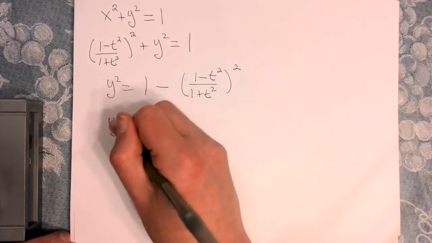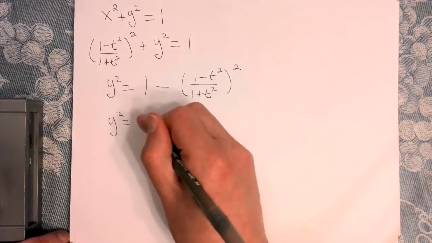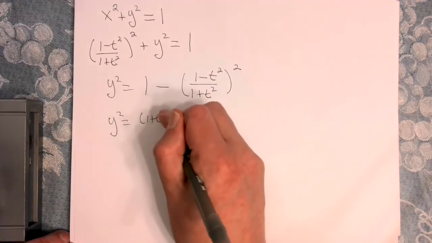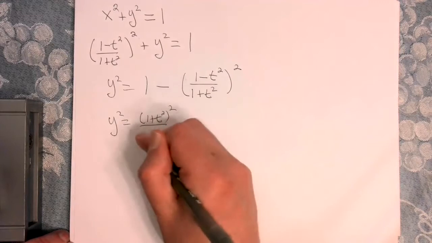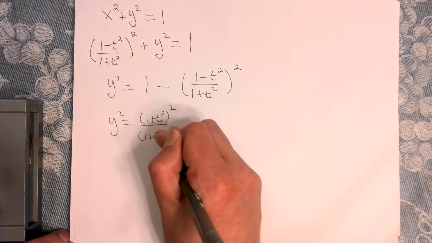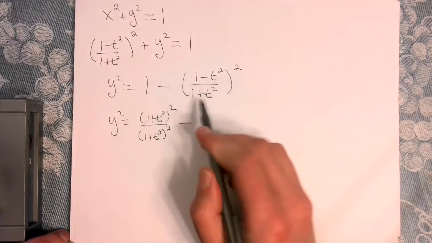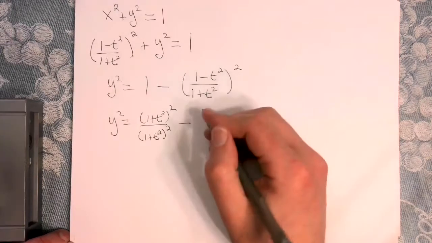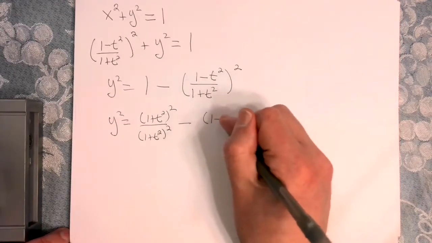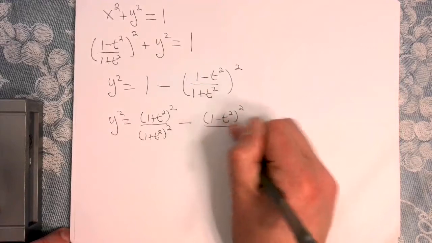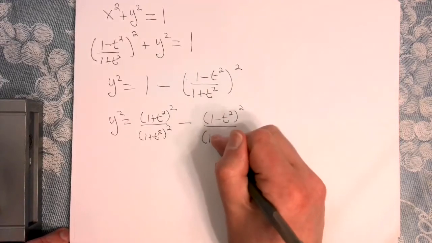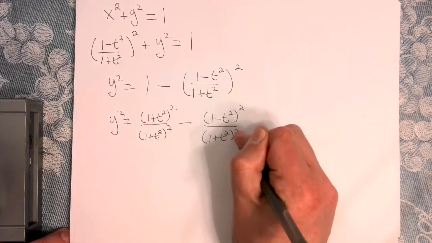So I'm going to do that next. And I think that 1 plus t squared over itself is helpful based on this. All right, so what do we have here? So that's 1 minus t squared squared over 1 plus t squared squared.